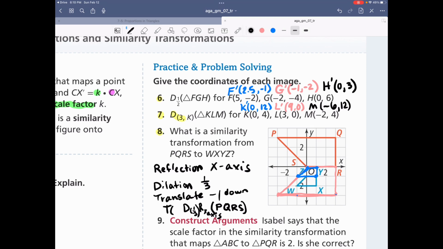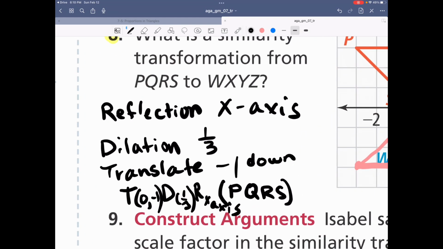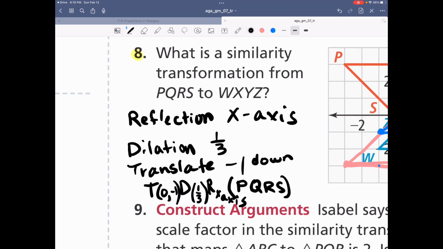So we're not moving it left or right, so that's 0, negative 1. That's a little messy, but that's what you have. You have the translation 0, negative 1, dilation 1/3. I can make that a little bit better. Reflection over the x-axis of PQRS.